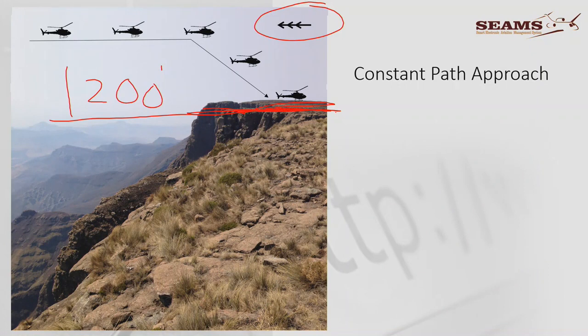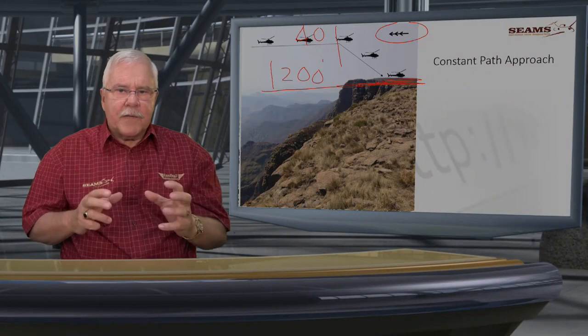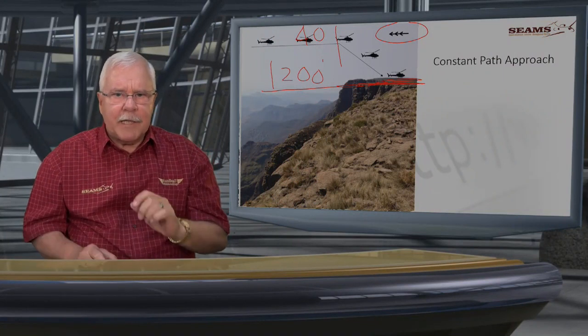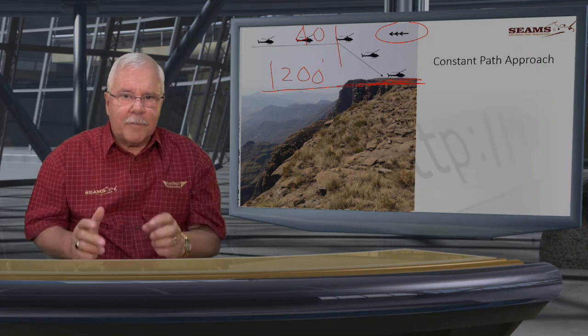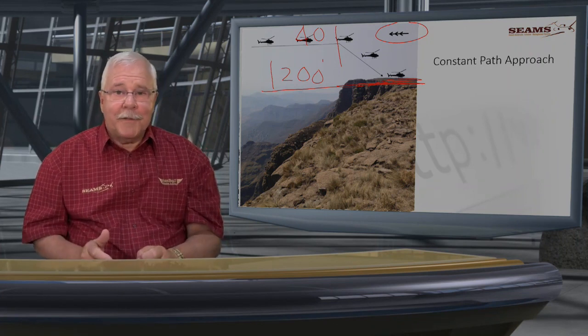The speed I'm going to enter with, in the smaller helicopters, even your Pumas and Super Pumas, let's just go through that: 40 knots is a magic number in all the helicopters that I know.